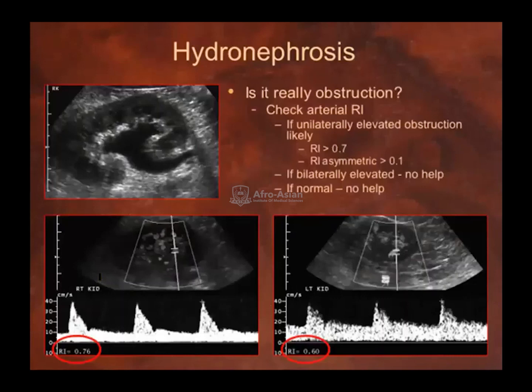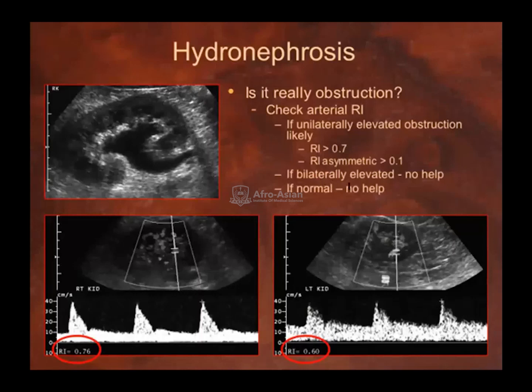In hydronephrosis, once we look, we have to see whether it is real obstruction. For that, we use color Doppler. We can measure the resistive index of the renal vessels. If there is unilaterally elevated obstruction, likely the resistive index will be above 0.7.